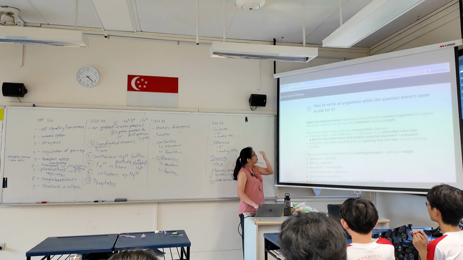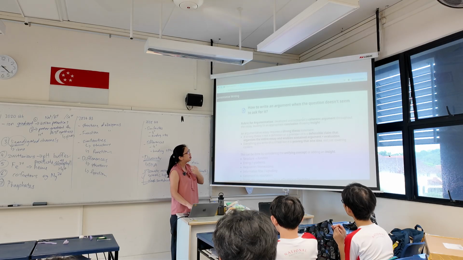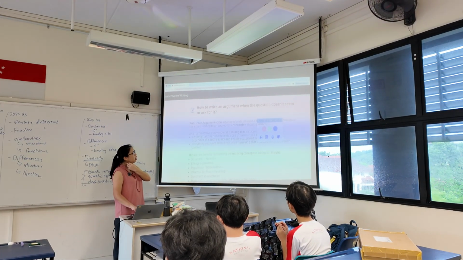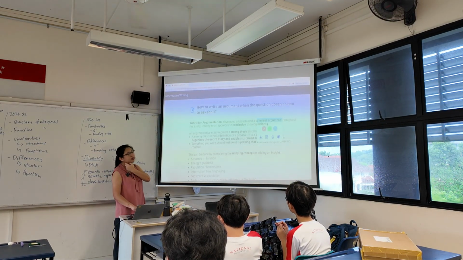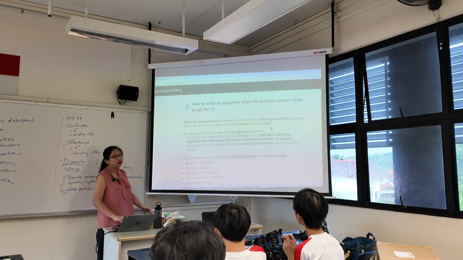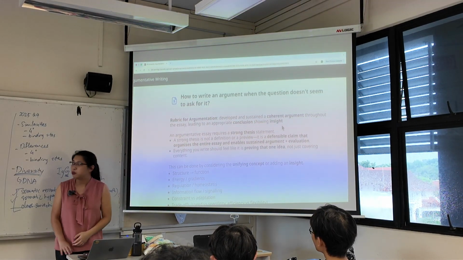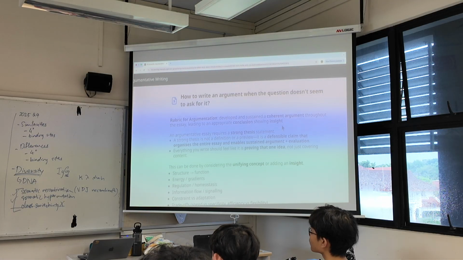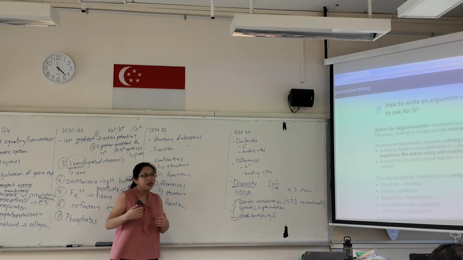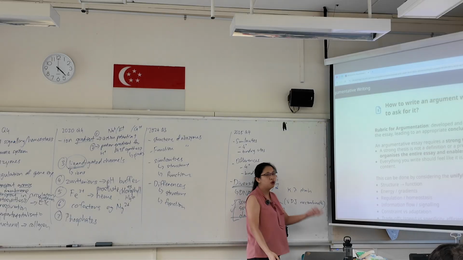Your rubric for argumentation is that you need to have a sustained, coherent argument and a conclusion that shows insight. So this means that you cannot just be regurgitating all the content. You cannot just be listing down all the roles of ions, all the roles of proteins. This is just a list, but that is not an argument.